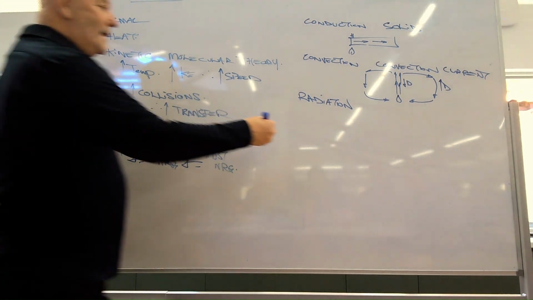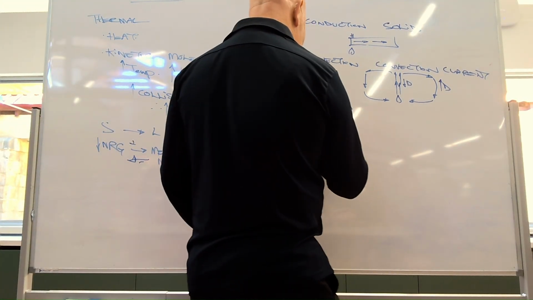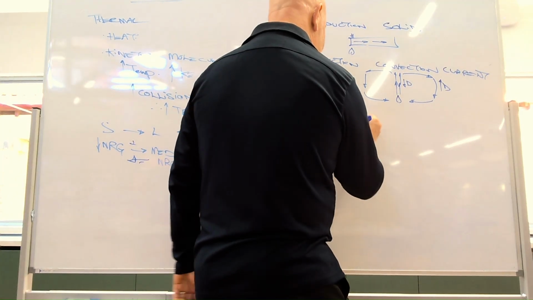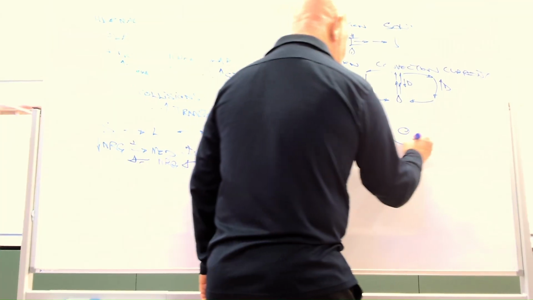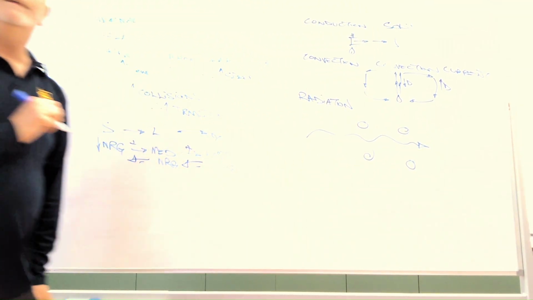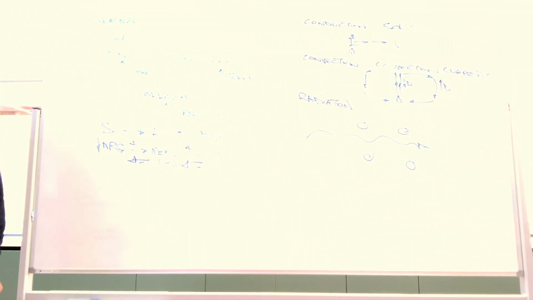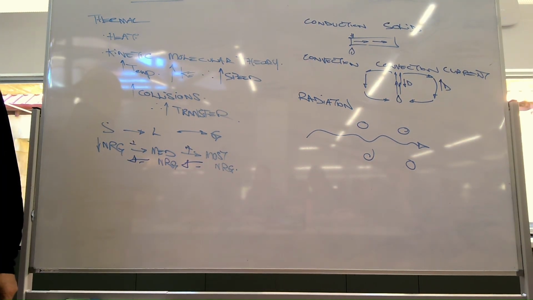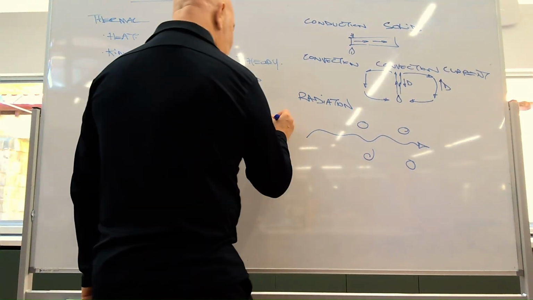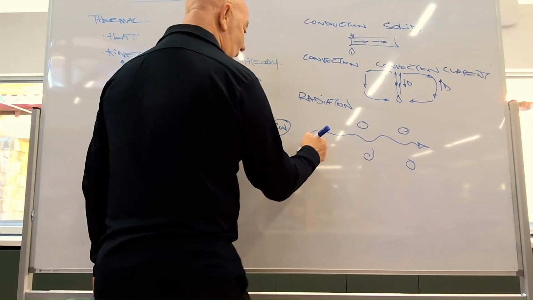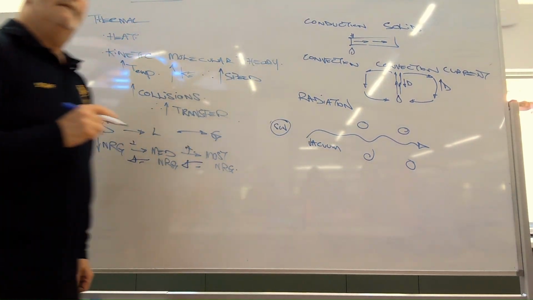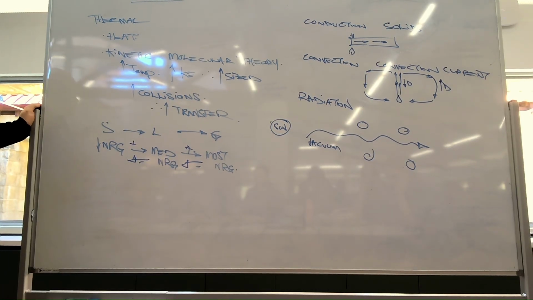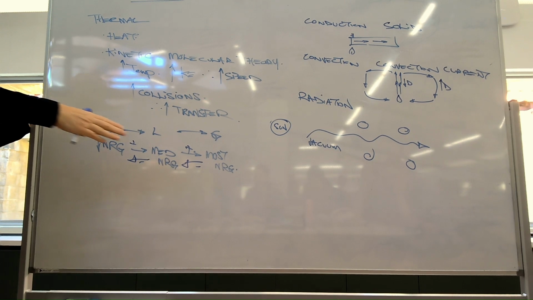Radiation is when the heat moves between the particles. So if we had the sun, and in space it's a vacuum, you would know we get heat from the sun.